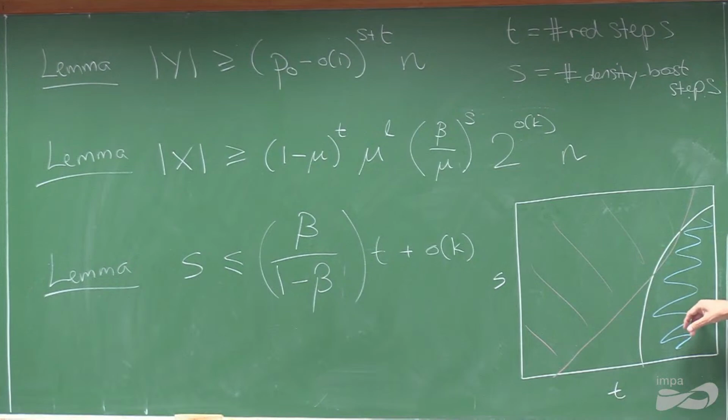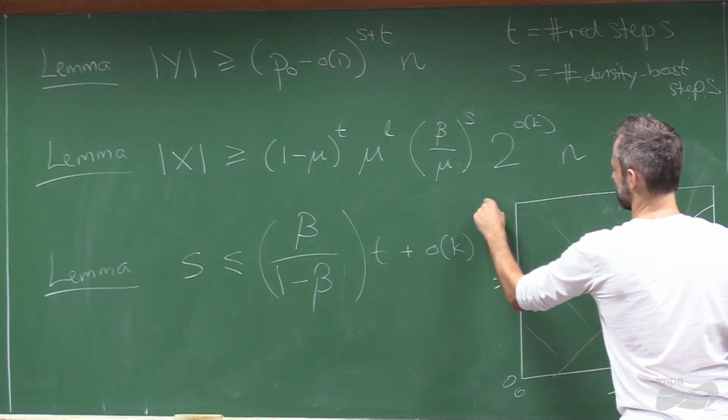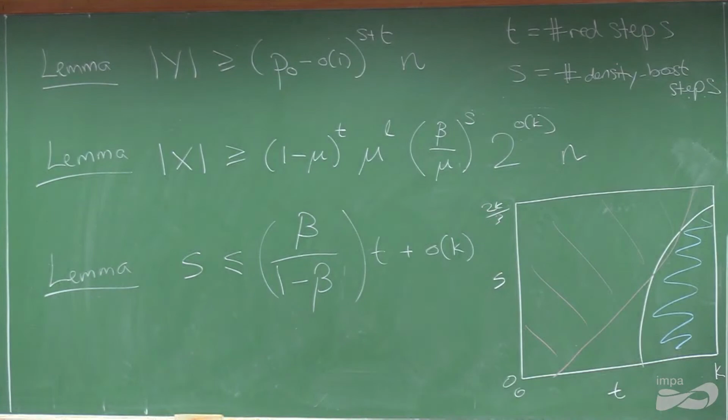So the blue is you. What is the scale of this picture? Yeah. So this is k, 0 to k, and 0 to really it's like 0.7k or something, 2k over 3, something like that. Sorry, this is a picture in the diagonal setting, right? So what is this picture?